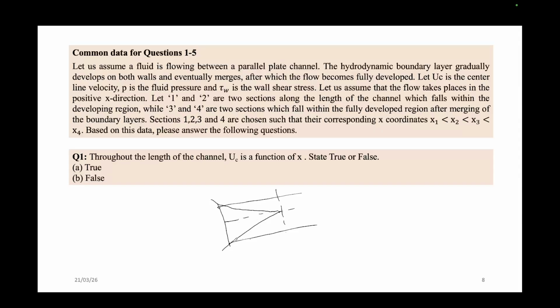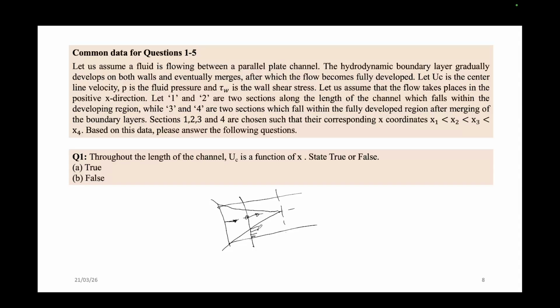Initially, the velocity at this point is low, and as you move further the velocity is a little higher, because in this region there is a slow increment in the velocity profile.